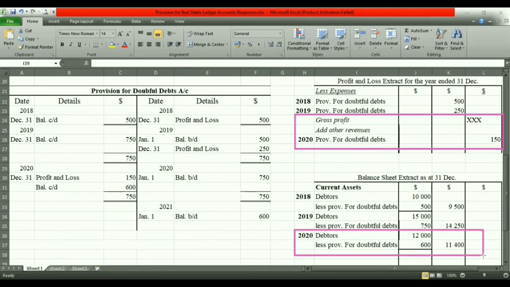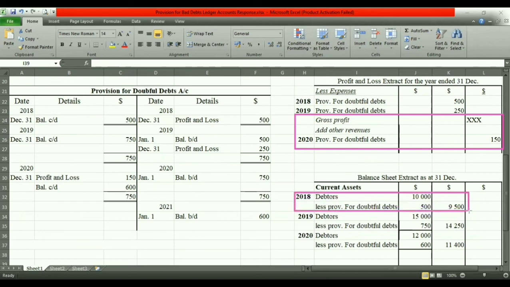If they ask you to show the balance sheet extract for the second year, you would pick up only 2019 details. Likewise, they could have asked you just to show for the first year, and you would just show 2018 information.